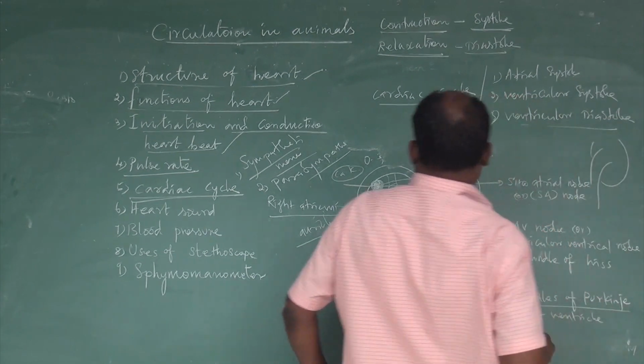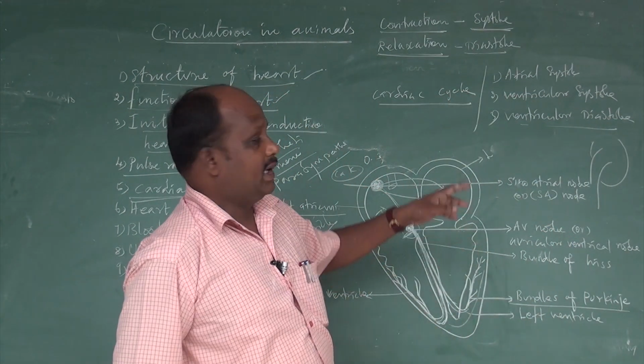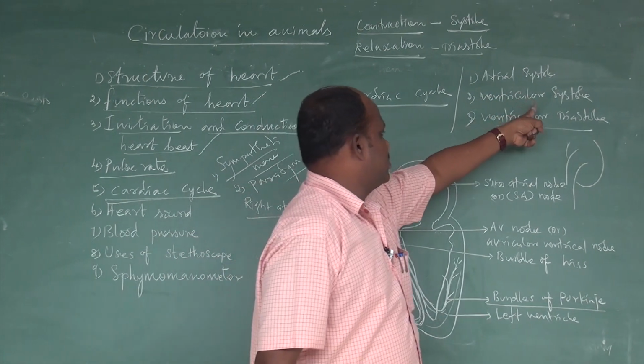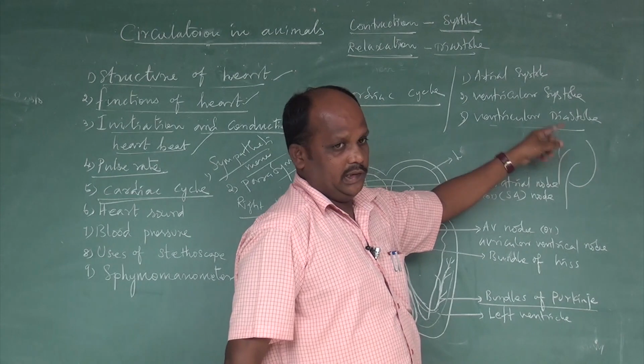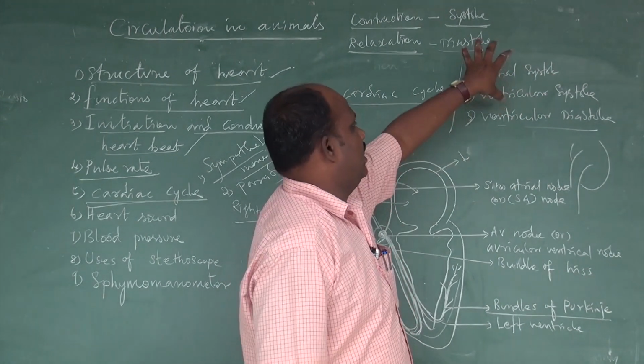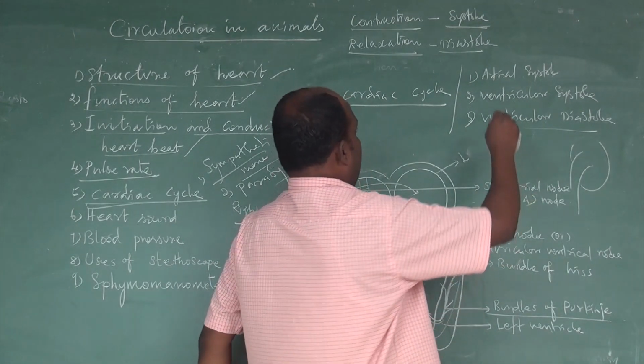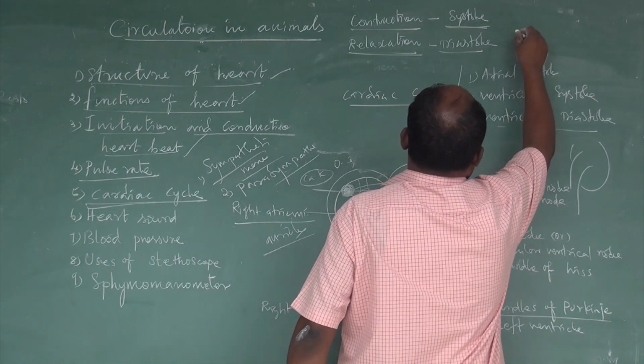That is a single cardiac cycle. These three processes make up the cardiac cycle, and it takes some duration: a single cardiac cycle takes 0.8 second.